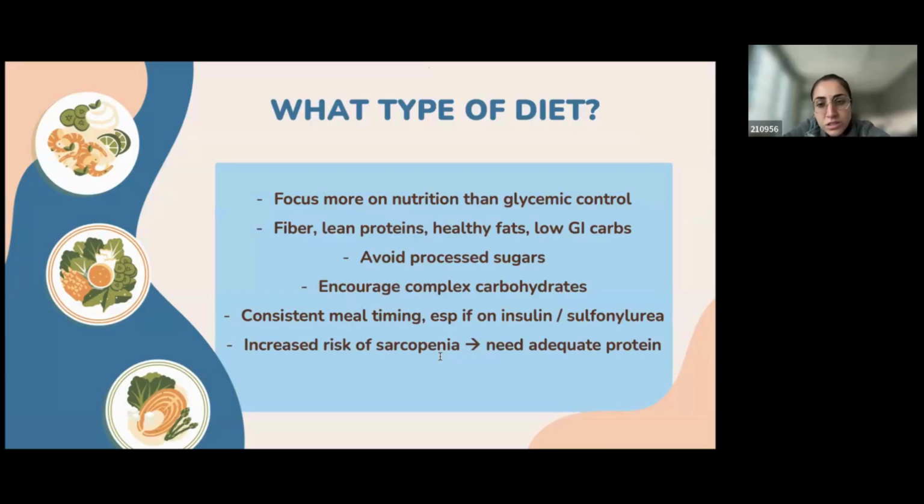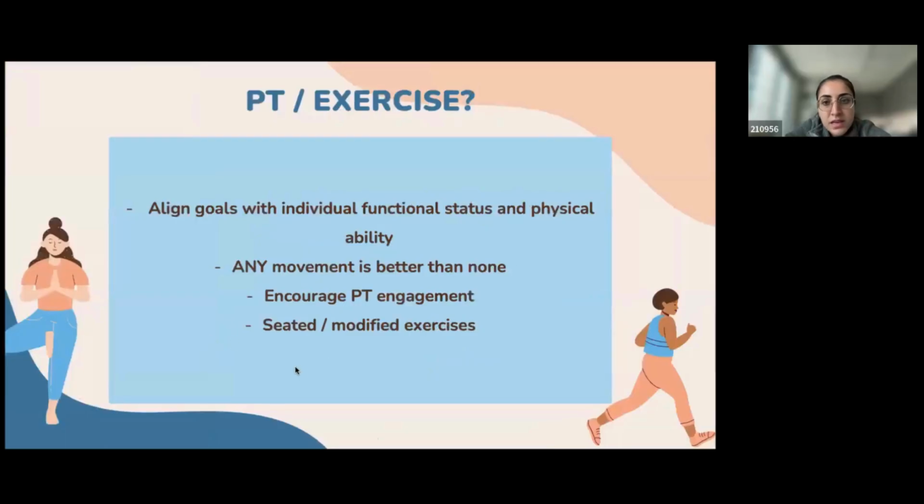And then since older adults are at an increased risk of sarcopenia, we want to encourage adequate protein intake to maintain muscle mass and function. Exercise in general should align with the individual's functional status and physical ability. Any movement is generally better than none.